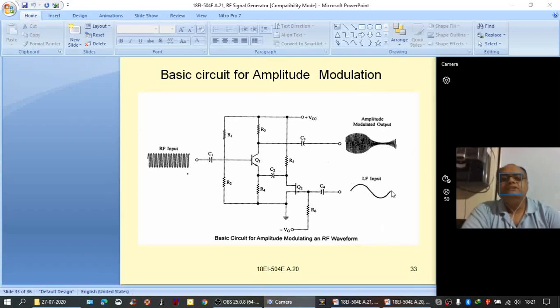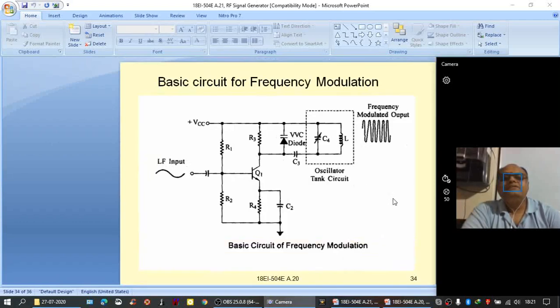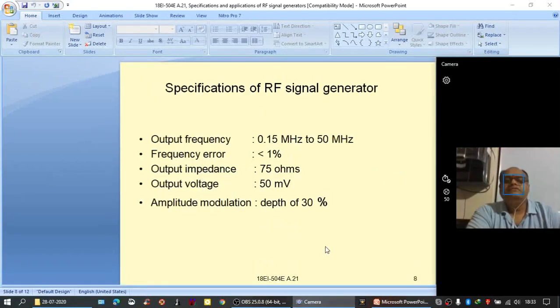And in case of frequency modulation, the low frequency signal is given here and a variable voltage capacitor or a varactor diode is used here, and this arrangement produces a high frequency RF signal. Now the output is the frequency modulated output.